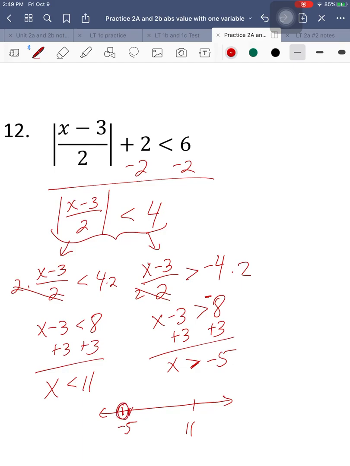Open circle, because it's not equal to, it's greater than, so it's to the right. 11, open circles, because it's not equal to, and it's less than, so it's towards each other. So this is an and statement. So how we're going to write it, -5 is a smaller number. They're not equal to, so it's less than x less than 11. That's a compound inequality.